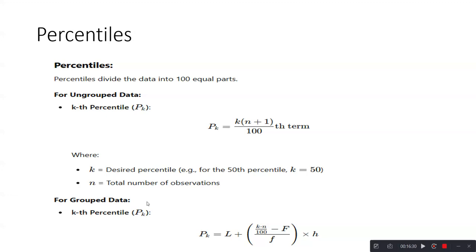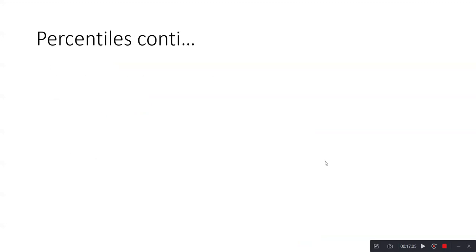This is for ungrouped data. Then for grouped data, it will be now kn, like 50n divided by 100, whereby n is the sum of frequency, minus the cumulative frequency before the percentile class, the 50th percentile class, divided by the frequency of the percentile class, times C or H, which is our class width.